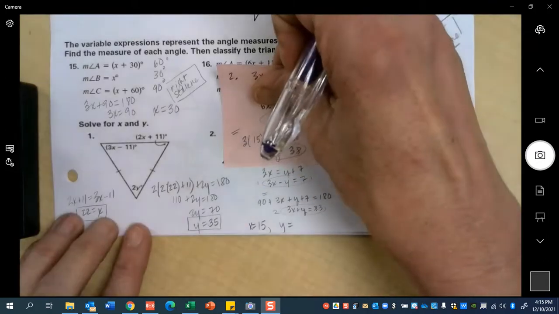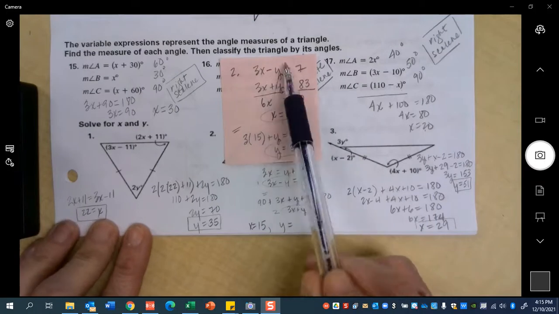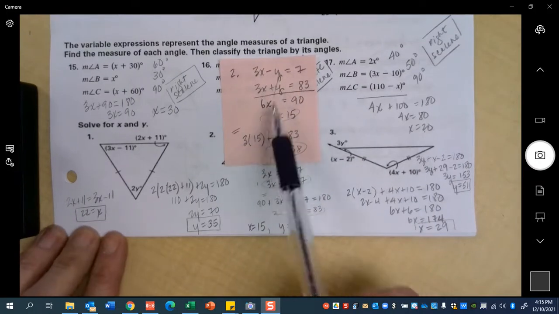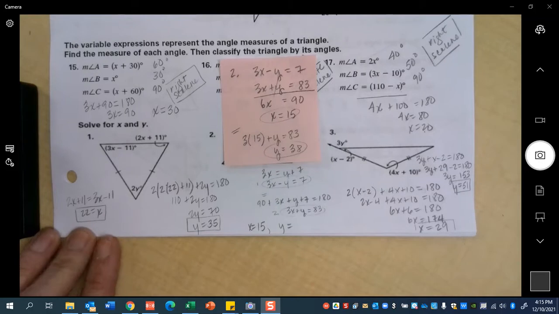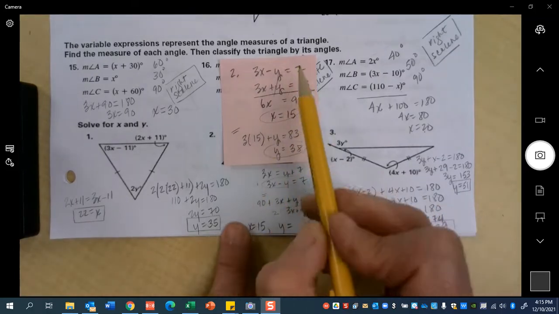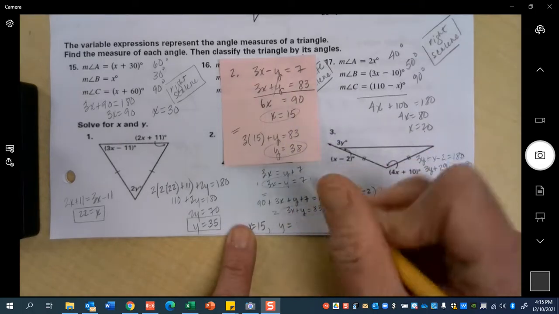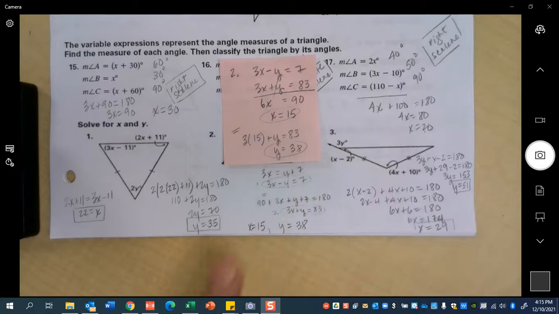So I go ahead and I solved a system. Here's how that looks. I did linear combination. My y's canceled out. And I ended up with x is equal to 15. And when I plugged 15 back into this equation, I was able to get y is equal to 38.